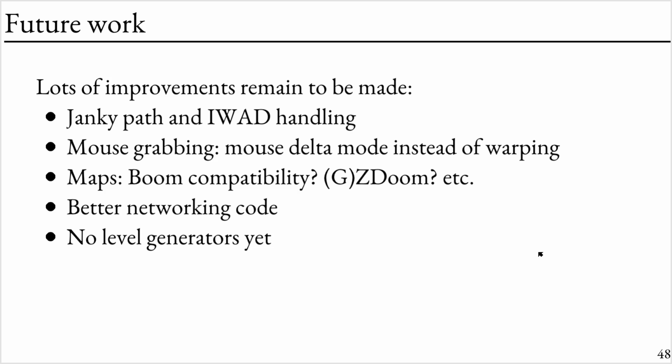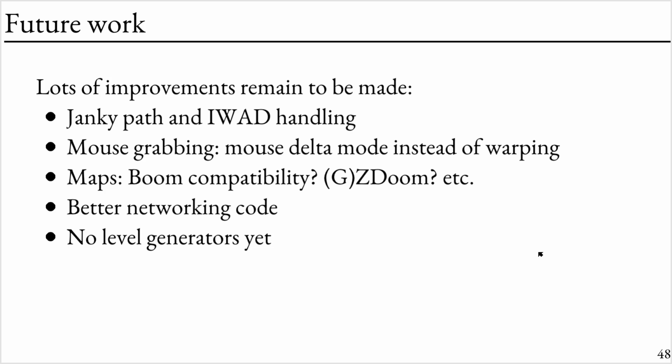Might be nice to add features from Boom and other source ports, to be able to load newer maps as well, but this quickly gets pretty complicated because a lot of these features are quite bonkers. So we would need better networking code.